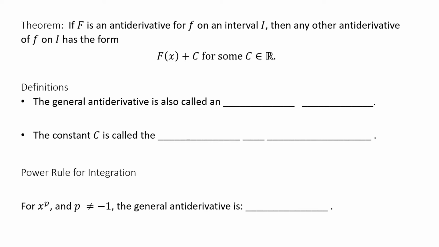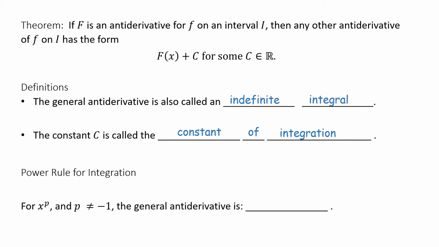The general antiderivative is also called an indefinite integral. The constant c is called the constant of integration, but we usually just call it constant. And we have a rule, the power rule for integration.